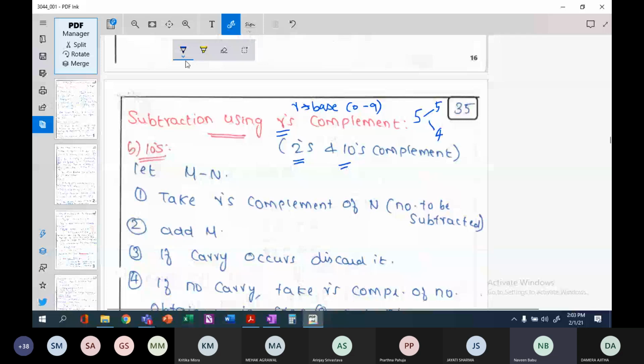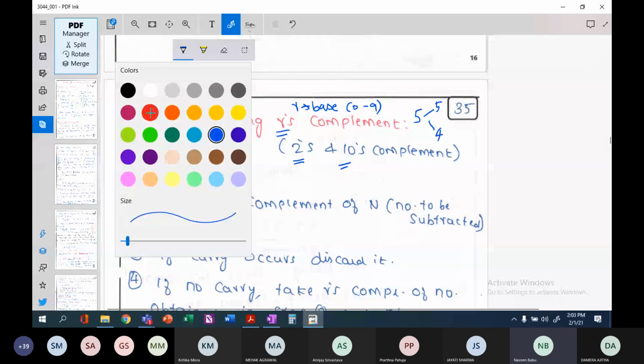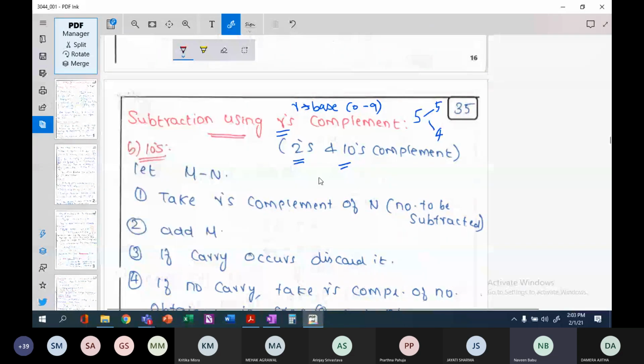We are interested only in these two bases, at least currently. Why tens? Because this is what we interpret as humans. That is why we are interested in tens complement. Why twos? Because this is what computers will understand as far as the twos complement is concerned.